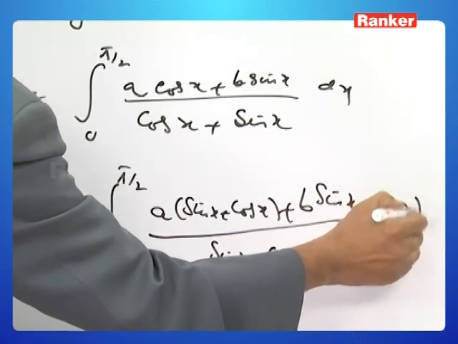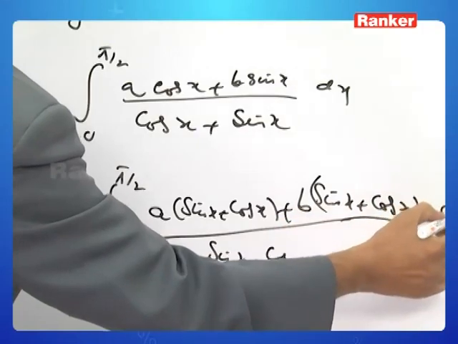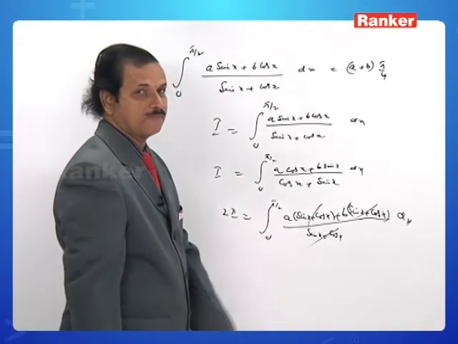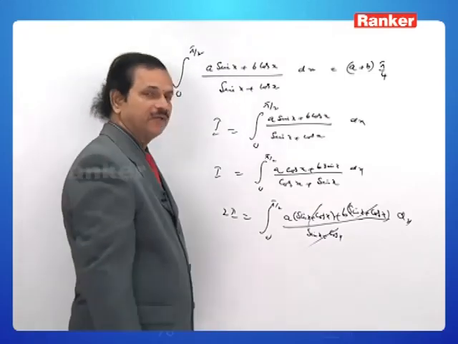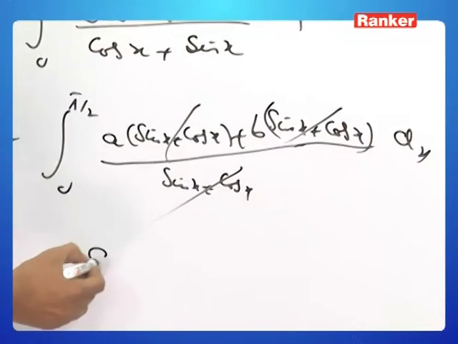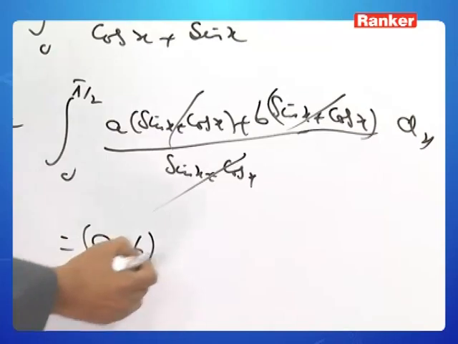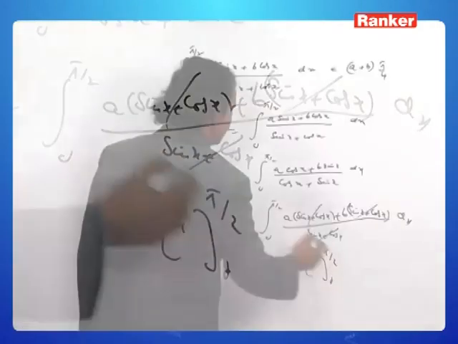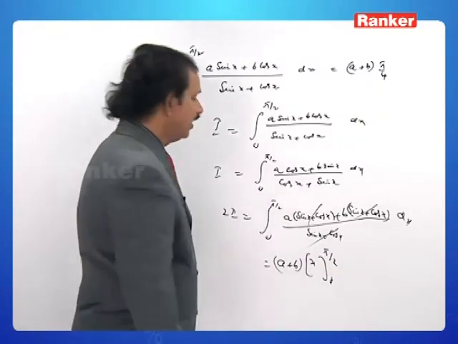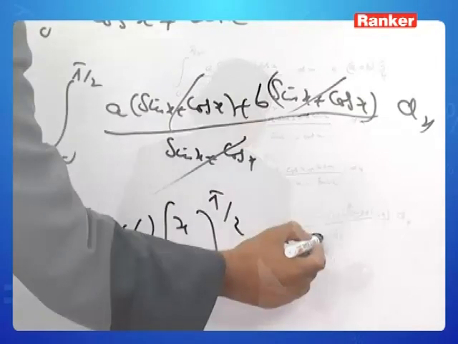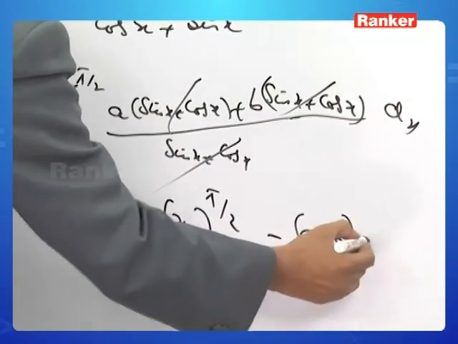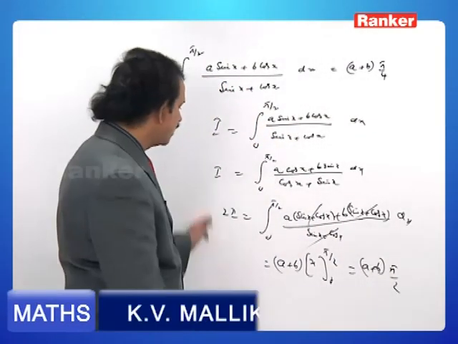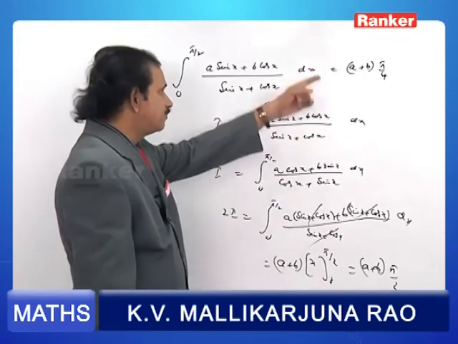If you can divide both numerator and denominator with sin x plus cos x, what is going to happen? Just a plus b. Hence, this is a plus b into x between the limits 0 to pi by 2. Why? Because a plus b into integral 1, isn't it? So, it's nothing but a plus b into pi by 2. Well, my dear, is it I or 2I? It is 2I. So, I is a plus b into pi by 4.